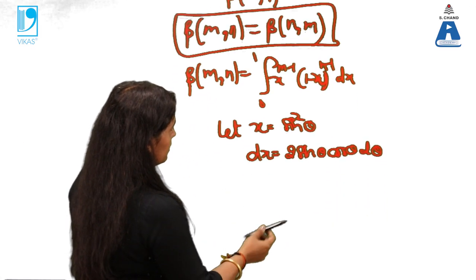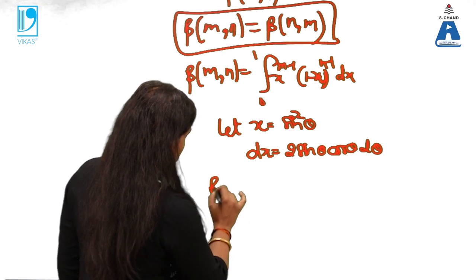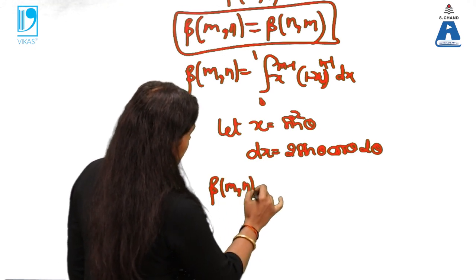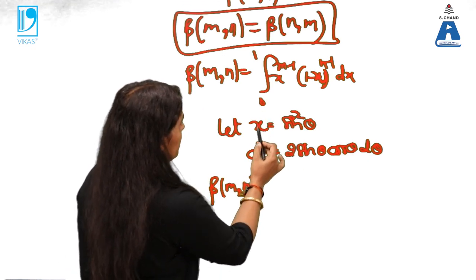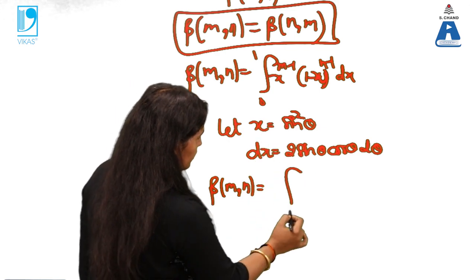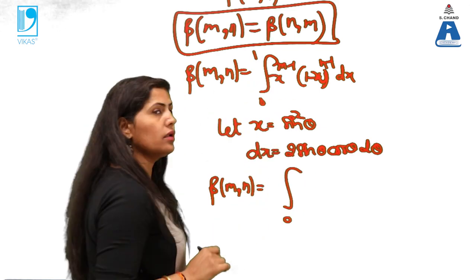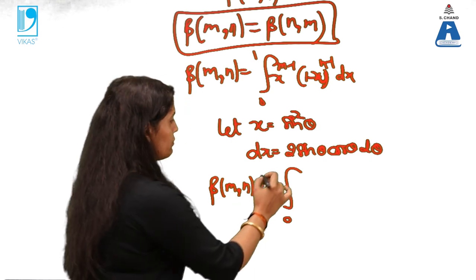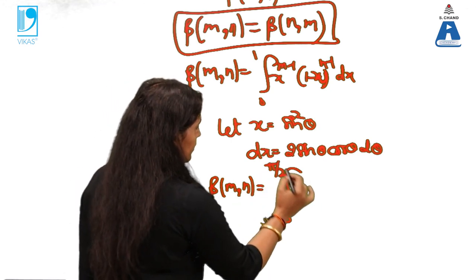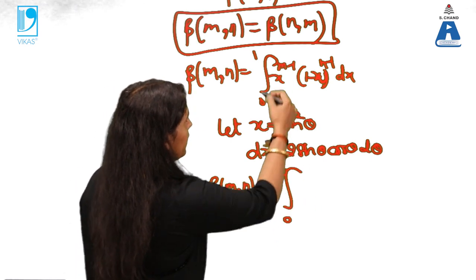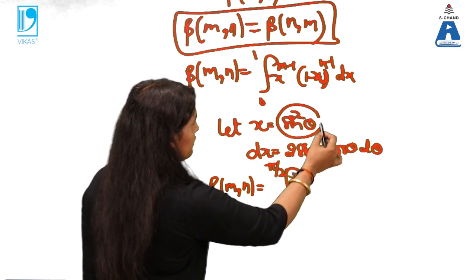And beta mn is, now when you are substituting, when x is 0, theta will be 0. When x is 1, sine theta is 1, meaning theta value is pi by 2. And x to the power m minus 1, x is sine square theta.